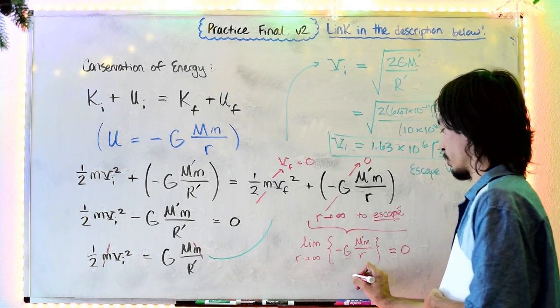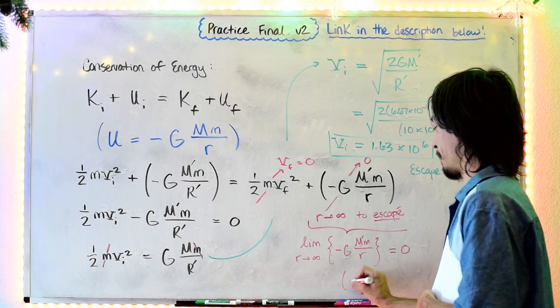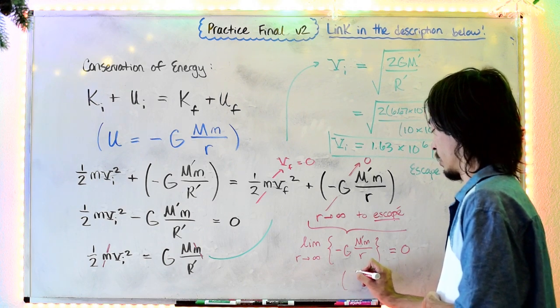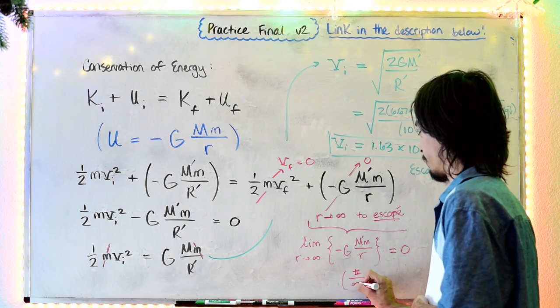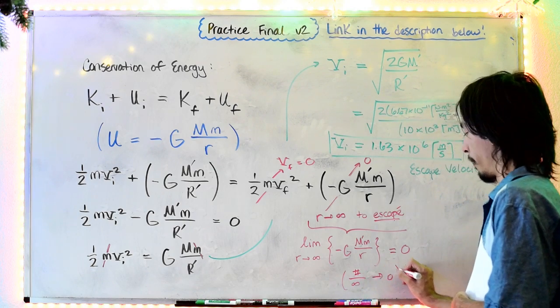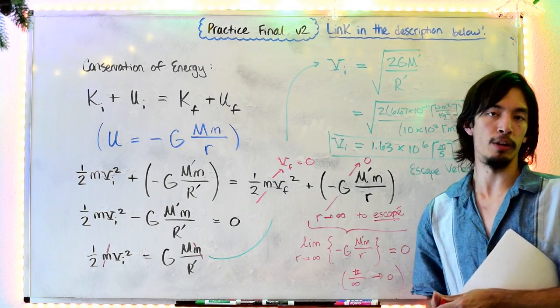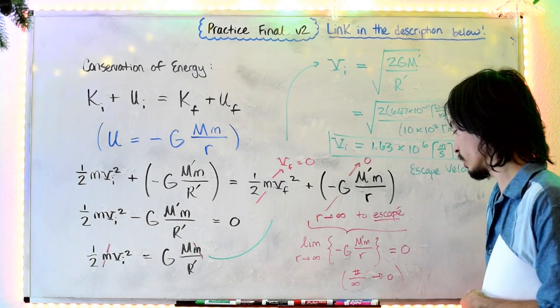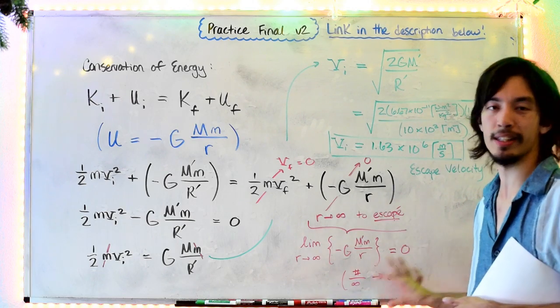That's because you're essentially doing some number over infinity, approaching 0. Any number over infinity will give you 0. So yes, that's essentially what you are doing.